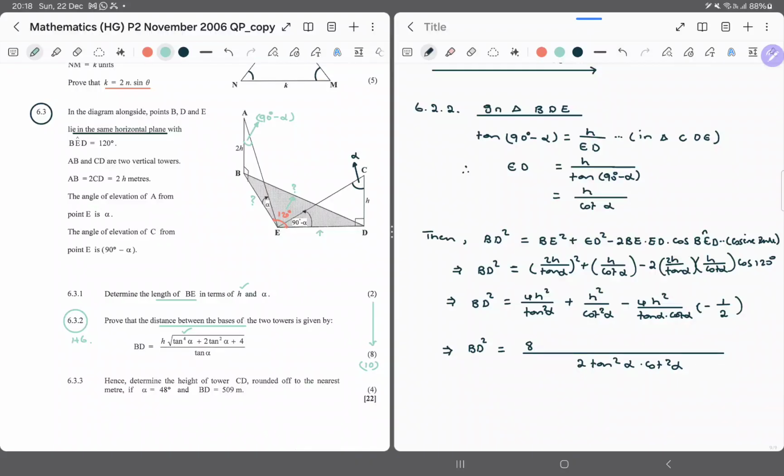Sorry, this is squared, guys. This is 8h squared cot squared alpha. We divide by this, the cot squared goes, so we get 2h squared tan squared alpha, sorry.